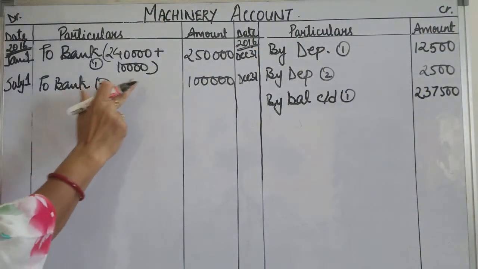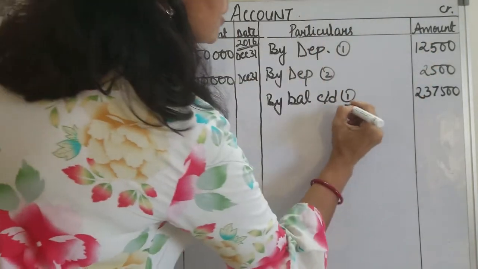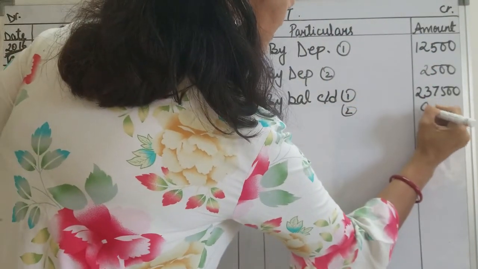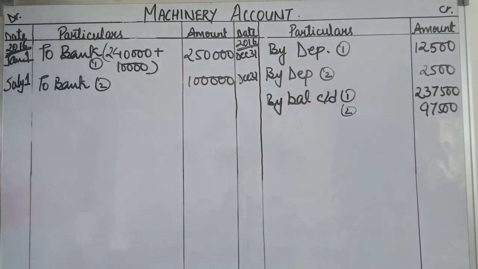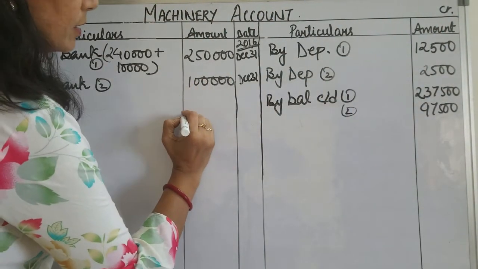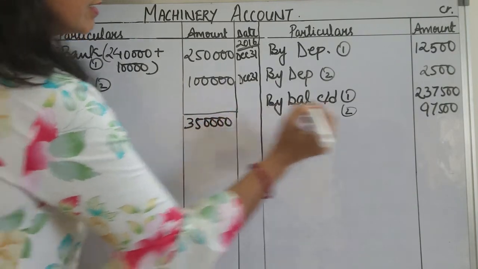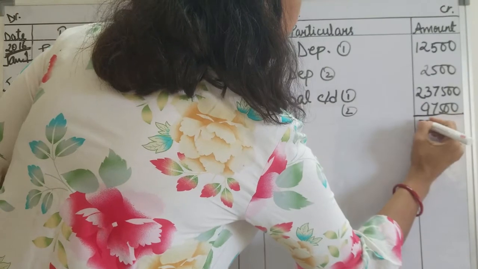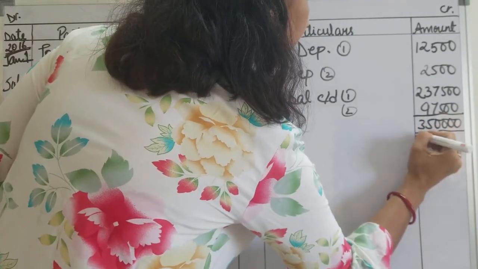Okay. And for machinery 2, 1 lakh minus 2,500, so it will be 97,500, right? Now make the total 3,50,000 on this side and 3,50,000 on this side. Okay.